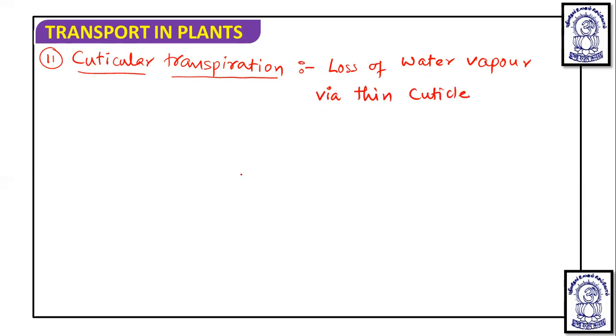We know that the cuticle is a waxy layer present on the epidermis of the aerial parts. So if the loss of water is occurring in the form of vapor through this thin cuticle, then it is cuticular transpiration, and it accounts for 0.1 to 10% of the total transpiration.